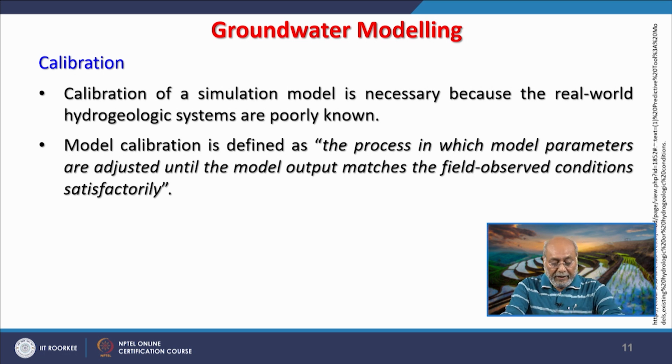So, in model calibration, what is done is the process in which model parameters are adjusted. This is what calibration is. When there is some instrument that comes, initially it has to be calibrated, and for that you need some standards. For example, somebody has bought a digital watch and wants to calibrate it.